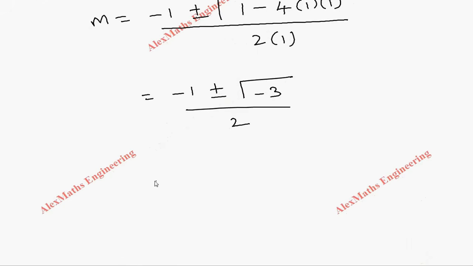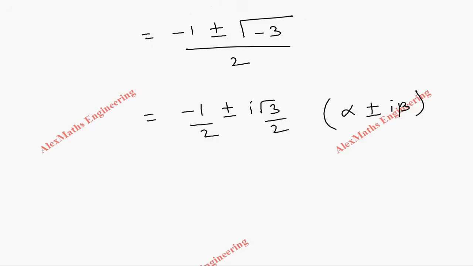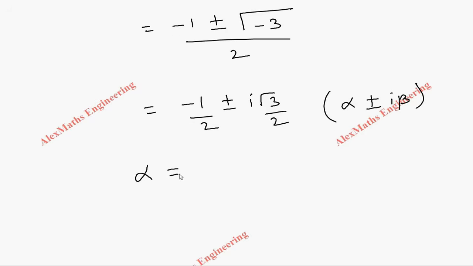This can be written as minus 1 plus or minus i root 3, divided by 2, which I will take individually so that we can compare with alpha plus or minus i beta. So by comparison, alpha is minus 1 by 2 and beta is root 3 by 2.